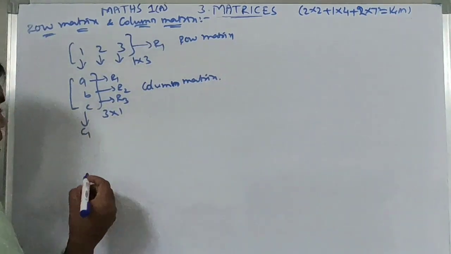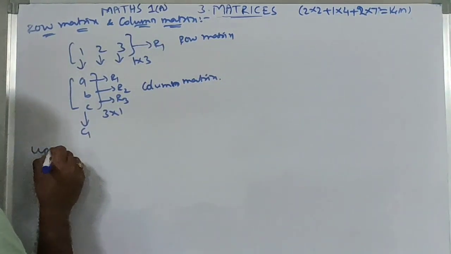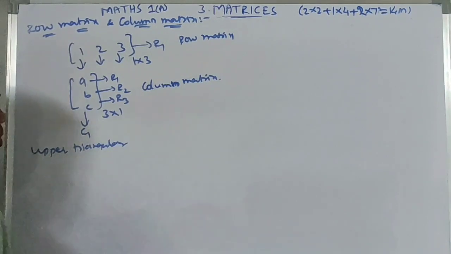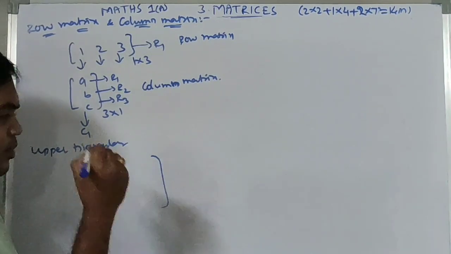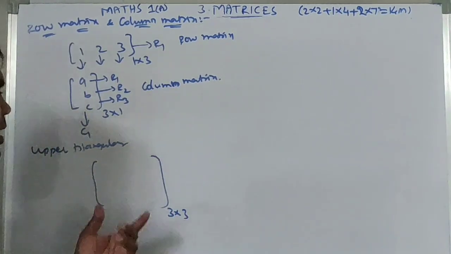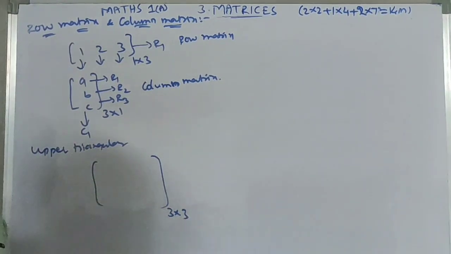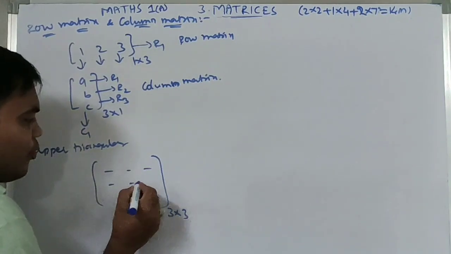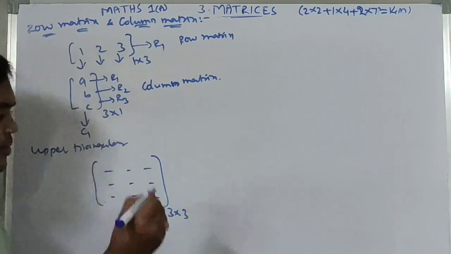Next, upper triangular matrix, lower triangular matrix and triangular matrix. I am taking upper triangular. I want to take a 3 by 3 example to discuss upper triangular. So 1, 2, 3, 4, 5, 6, 7, 8, 9.